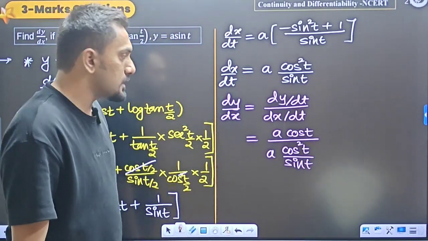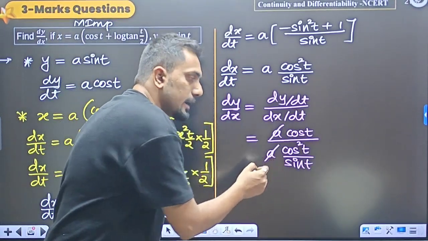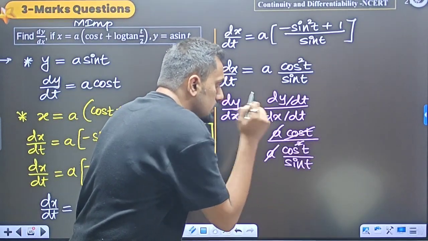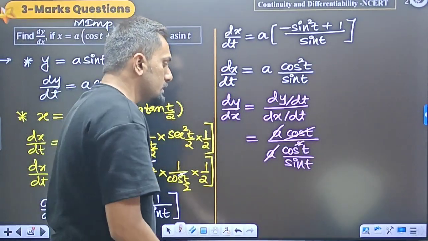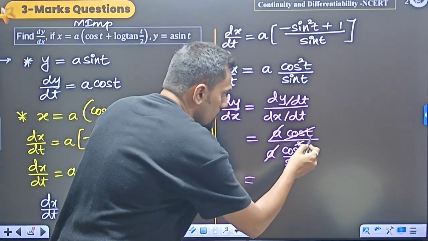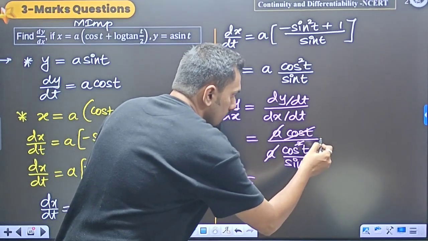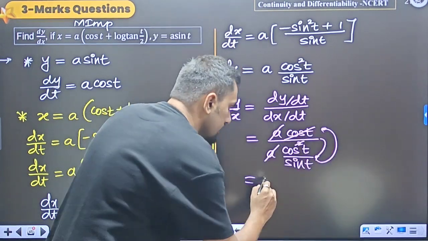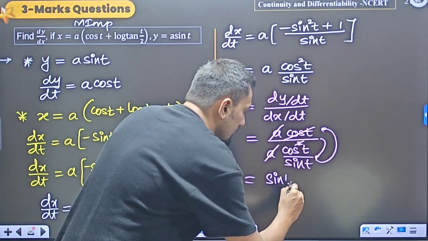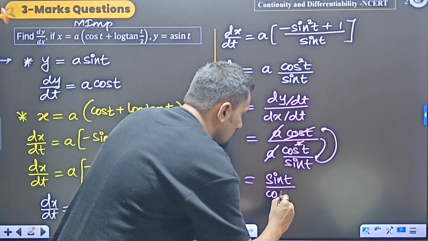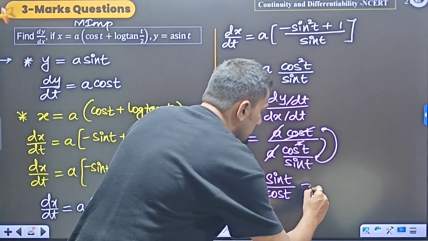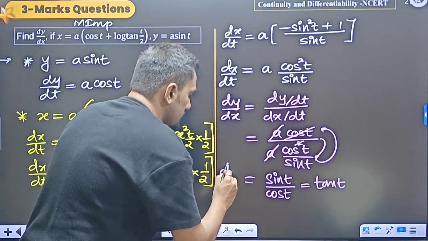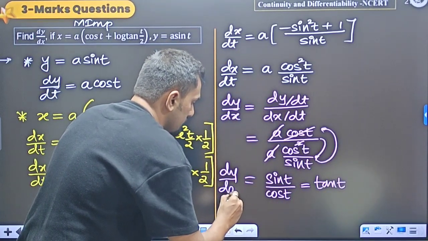Now what do you cancel? This a and a get cancelled, then there is one cos t here and one cos t there, which cancel. So what remains is the denominator goes to the numerator. Then you write sin t divided by cos t, which is equal to tan t, which is nothing but dy by dx.